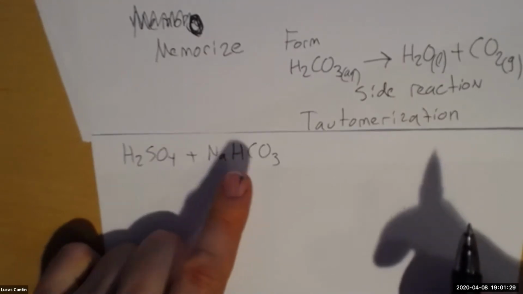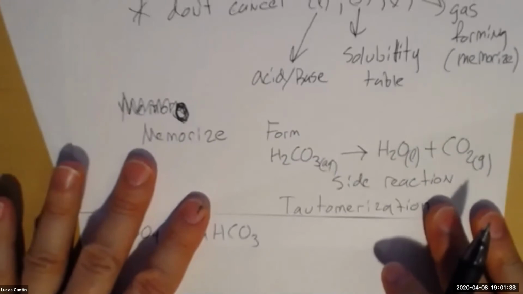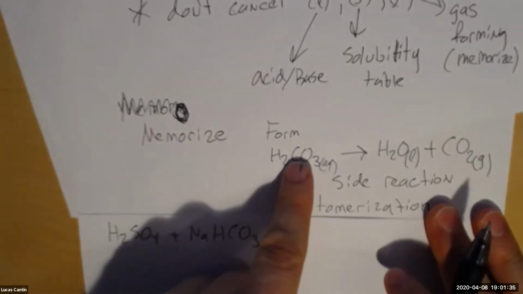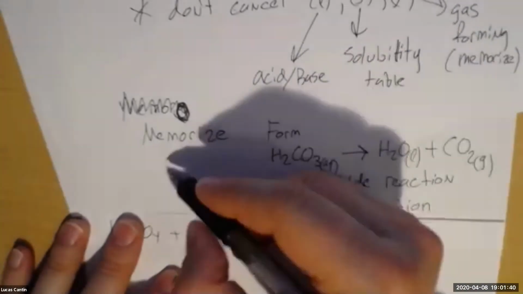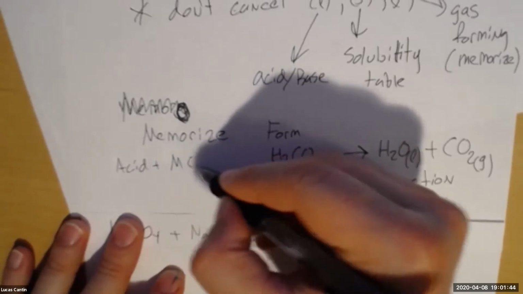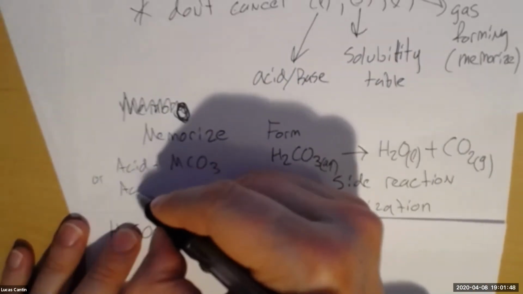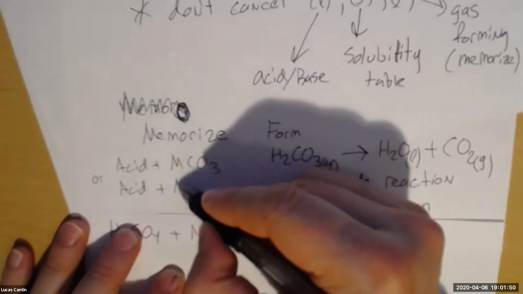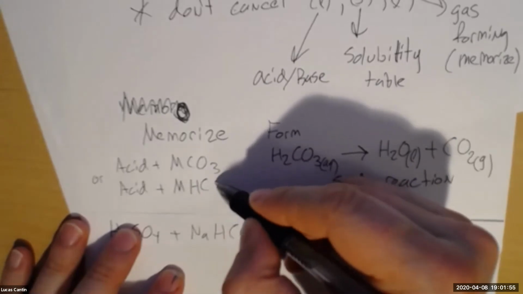So before we do this one, you form this from your choices: an acid plus a metal carbonate, or an acid plus a metal hydrogen carbonate. They're both going to end in the same place.